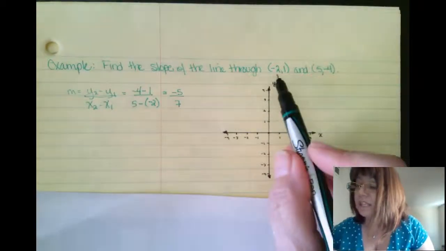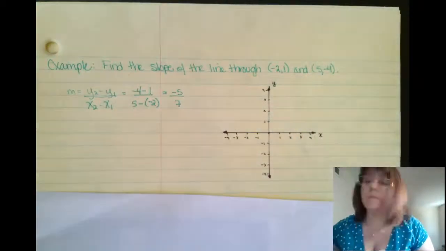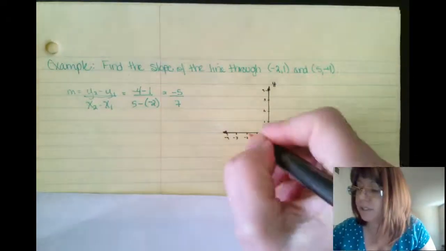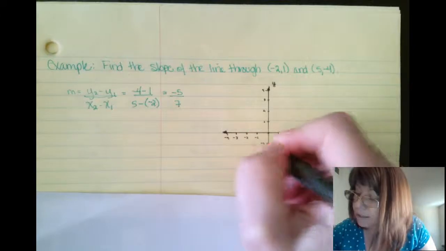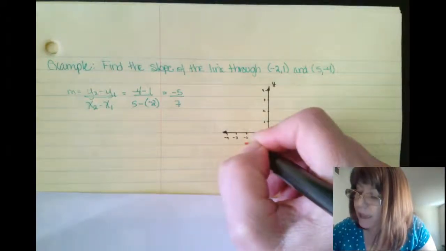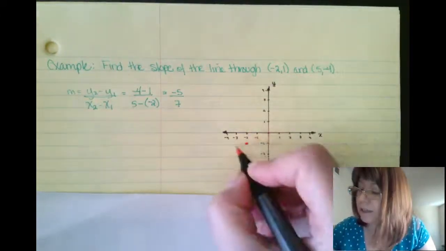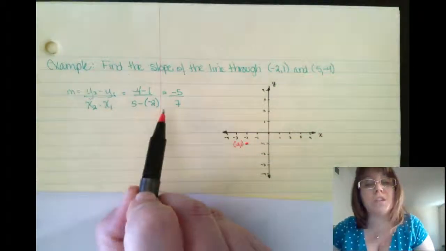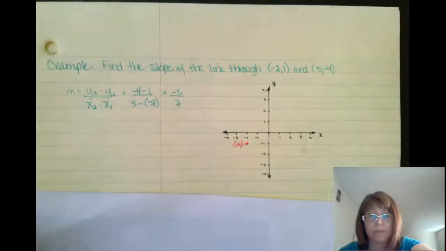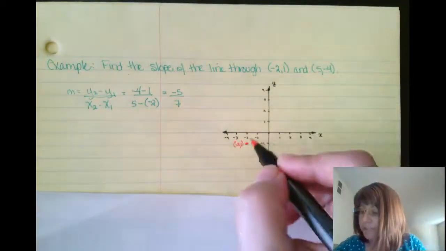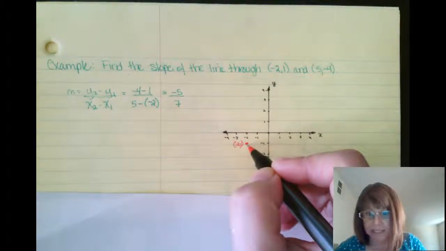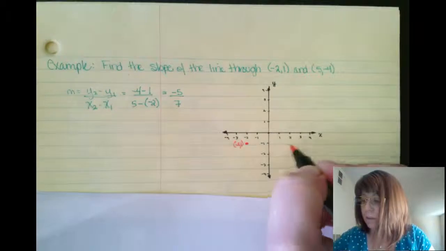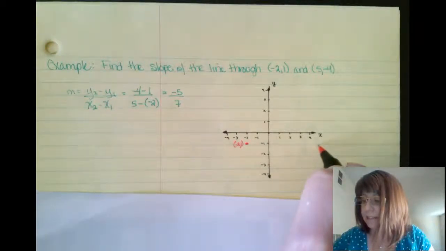I'm going to choose one of the points. Just for ease, I'll go ahead and take the first point of negative 2, 1. And from this first point of negative 2, 1, I'm going to use my slope to plot my next point. So my next, I'm going to move 7 to the right from the point that I start. 7 to the right. 1, 2, 3, 4, 5, 6, 7.